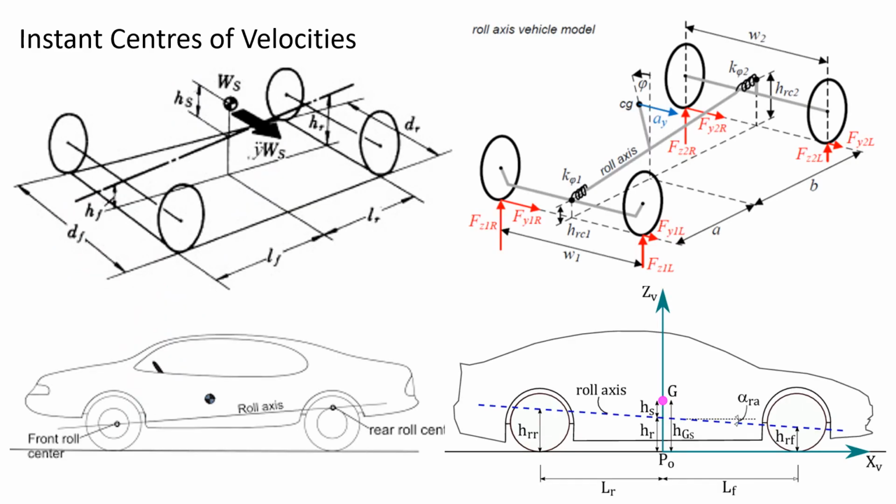Instant centers of velocities. Now take an example of an automobile. Here is an example in which we are required to find the roll axis joining front roll center, which is virtual one, and rear roll center of rotation of a car body, again which is virtual instant center.